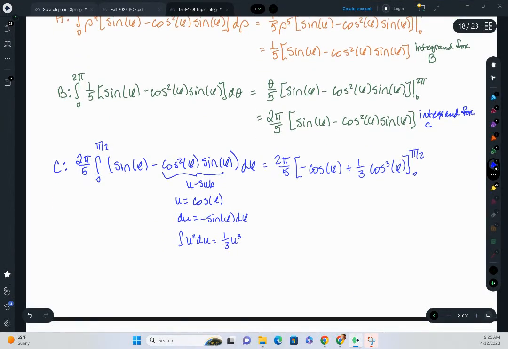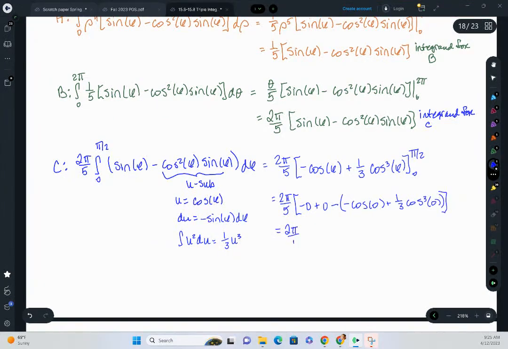All right, at pi halves, we get 0 contribution because cosine of pi halves is 0. And so we have 2 pi over 5 times negative 0 plus 0. That's evaluating at pi halves. Minus, in parentheses, a negative cosine of 0 plus a 1/3 cosine cubed of 0.